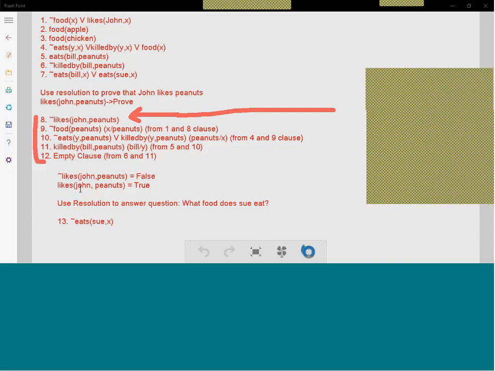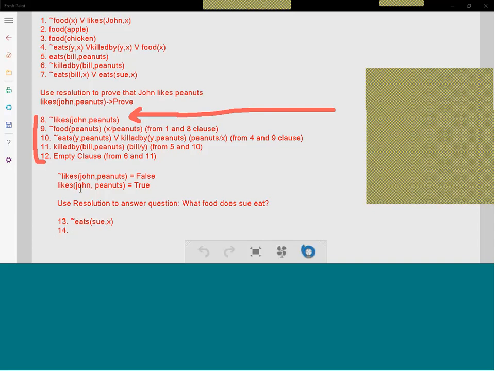We will prove that this negation is false by getting the empty clause. Now tell me what is the 14th statement?